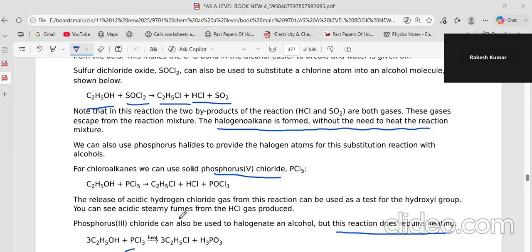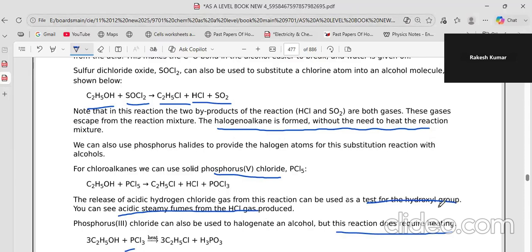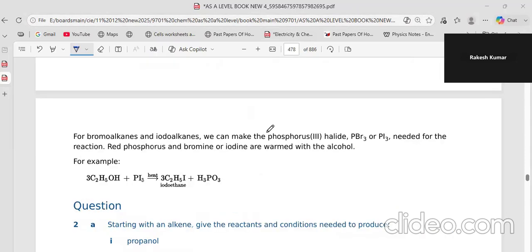And here, this is a test for the hydroxyl group, because HCl is produced. Not for halogenoalkanes, for the alcohol group, sorry. You can get iodides by using phosphorus and iodine, or bromides with PBr3 or PI3, depending.